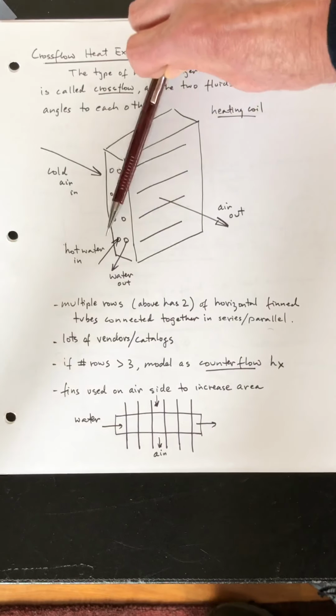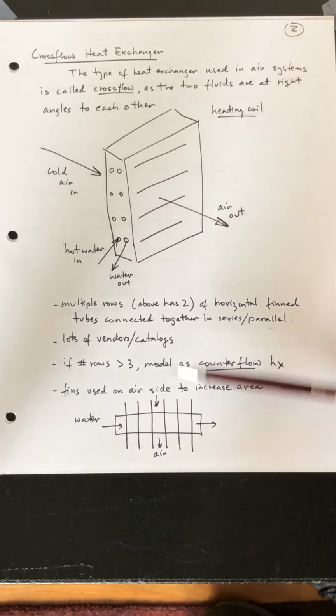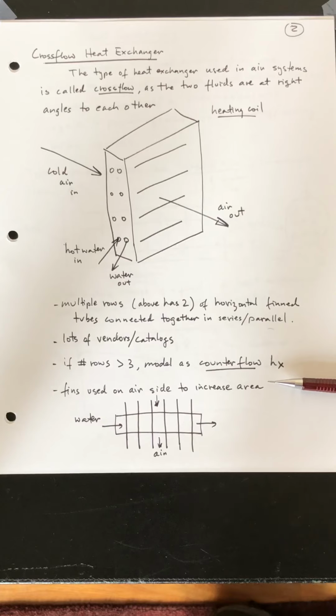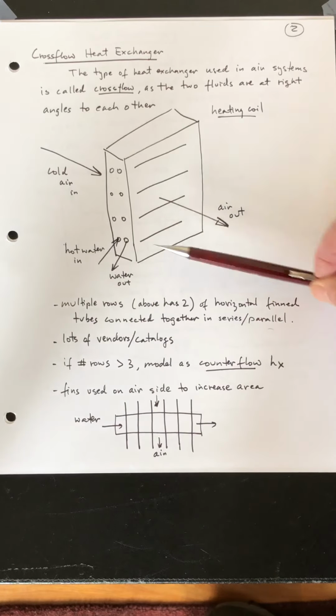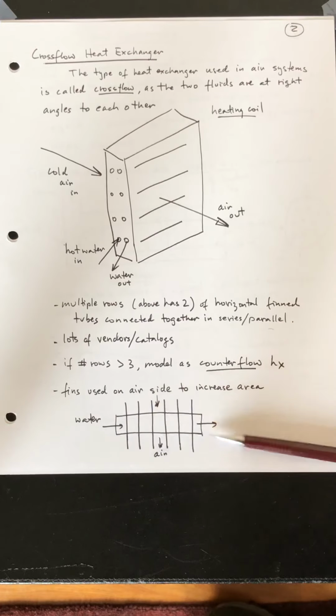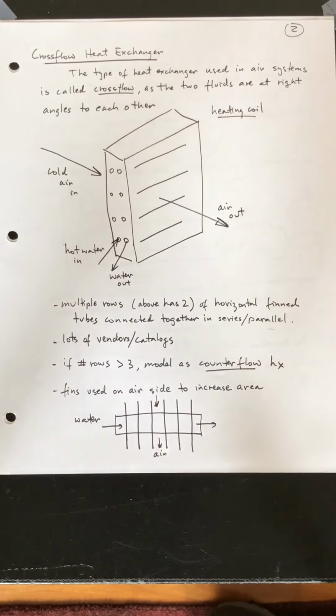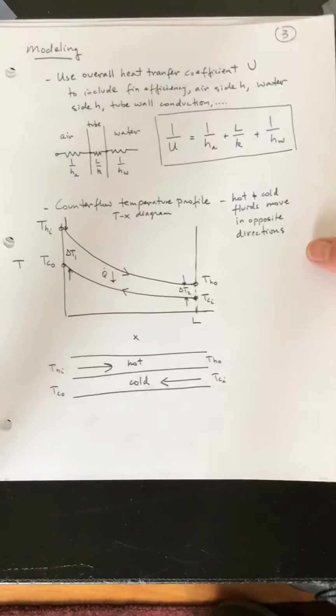Now, if we have enough rows in this crossflow heat exchanger, we typically model it as a counterflow, and that would then be what we had in the previous page with the fluids coming in opposite directions. And taking a closer look at this heat exchanger, we'll just see tubes with many fins on them. So how do we model that?